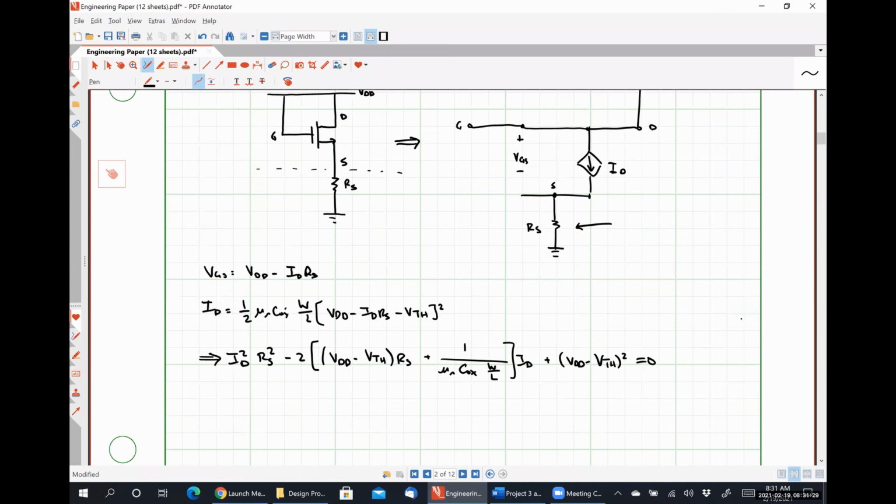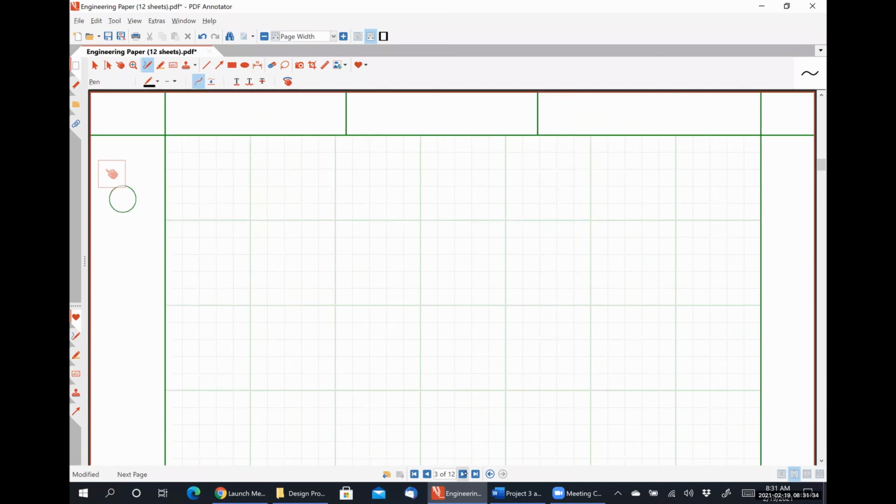All right, so speaking of amplifier circuits, let's get ready to rock and roll with our first one. So we're going to begin by talking about the common source amplifier, which is the MOSFET version of a common emitter amplifier.